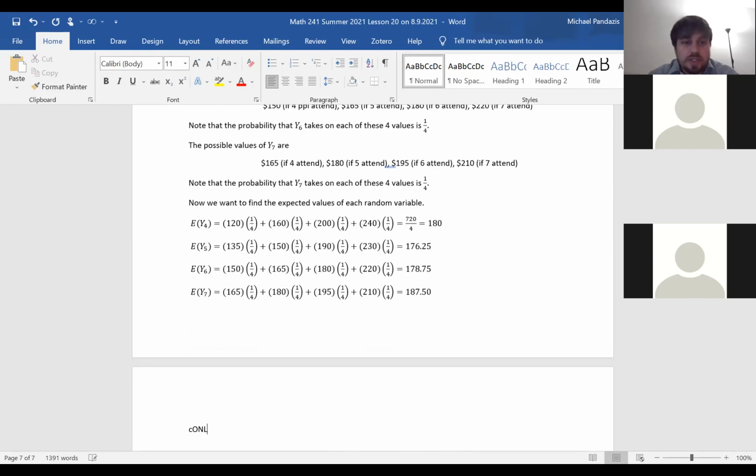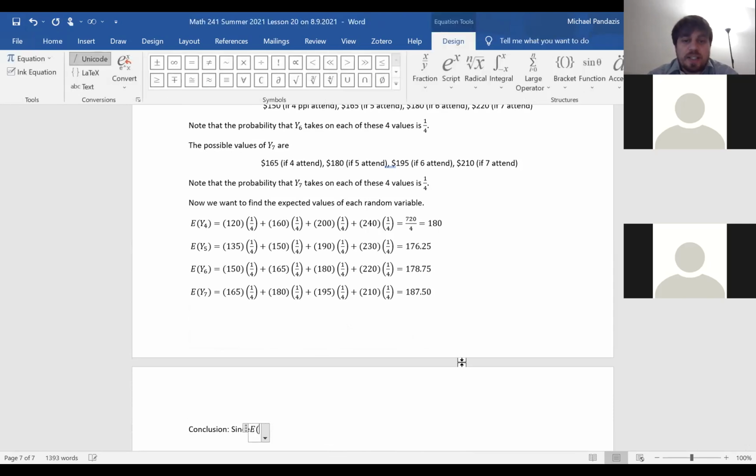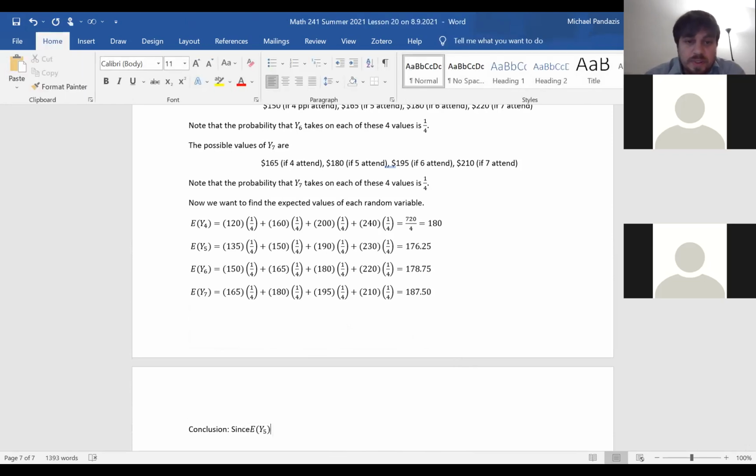Okay, and so the conclusion is that since E of y sub 5 is the smallest expected value amongst our 4 random variables, the company should make advanced reservations for 5 people.